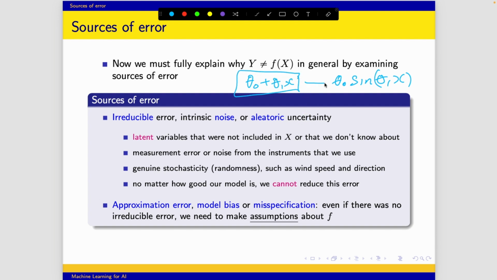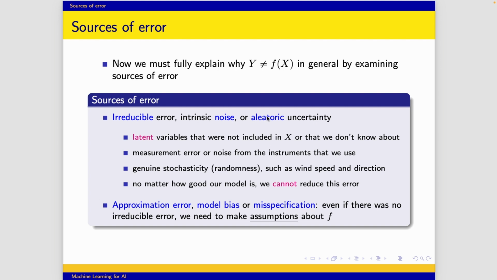Well, we've completely got it wrong here because the true function is that. Except we don't really know what the true function looks like in complicated examples. So we have to make some sort of assumption, or you might say guess, and we may pick a terrible assumption. This sort of error, introduced because we make the wrong assumption about the model, is called approximation error or model bias or misspecification error.